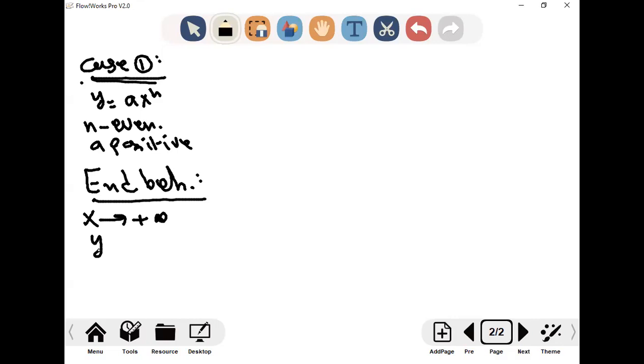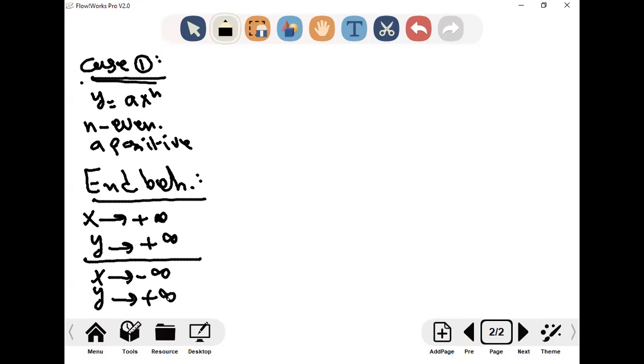So the 2 endpoints here, where are they going? Up. So if x goes to positive infinity or negative infinity, the function always goes up. So y goes to positive infinity, and if x goes to negative infinity, y also goes to positive infinity. This is what we call end behavior.